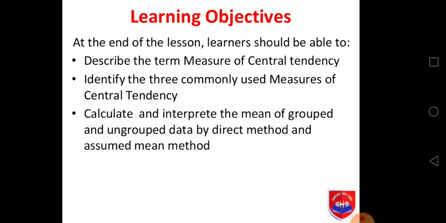So these are the learning objectives for today's class, and it is expected that at the end of this class all learners should be able to carry out the following tasks.